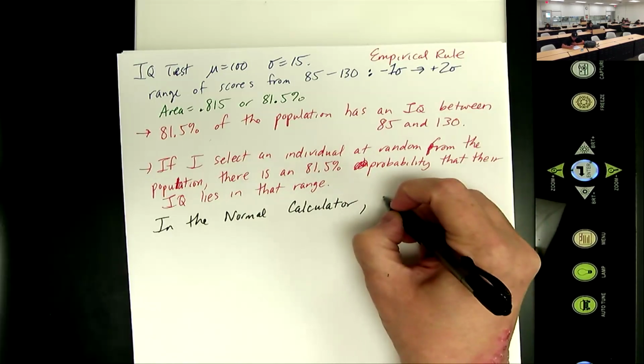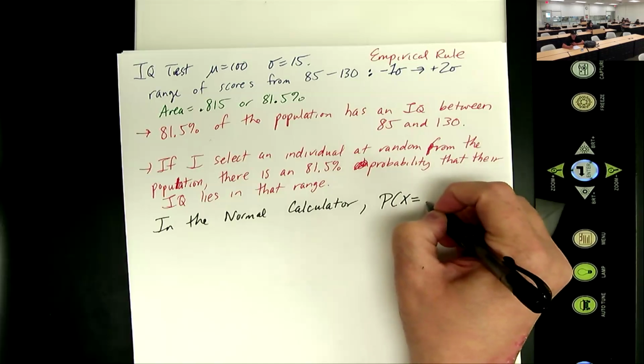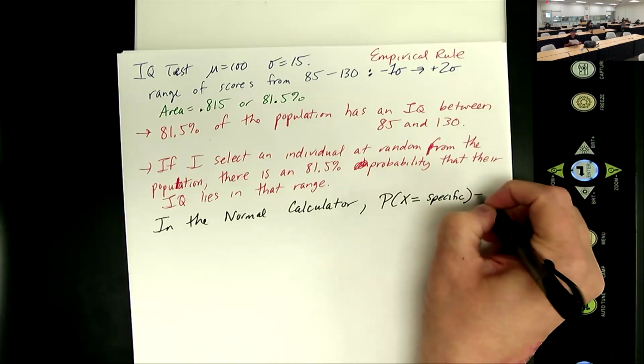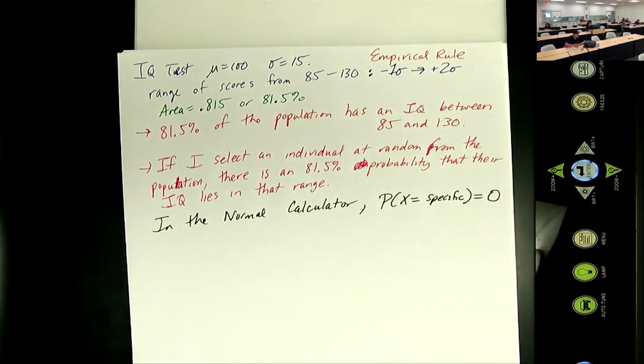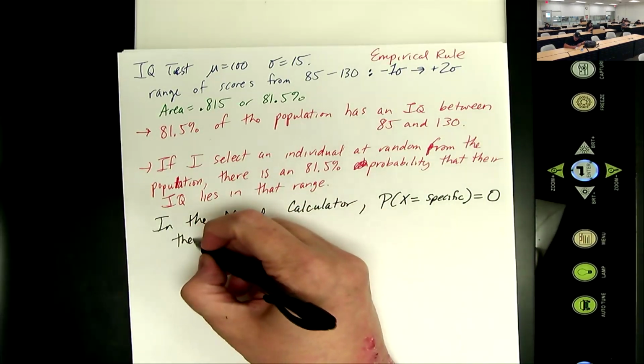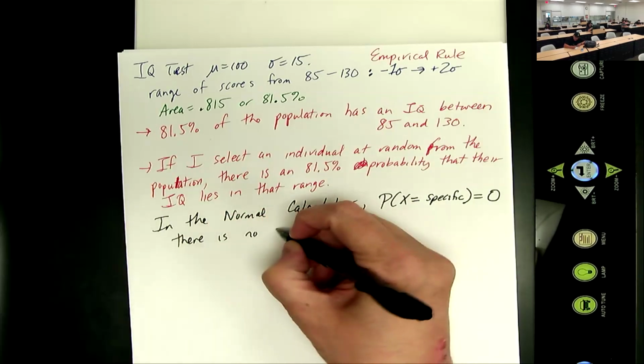The probability that X equals a specific value is 0. On a continuous distribution, you're looking at the area underneath it, and if we don't have an area, like there's no start and stop, we have a rectangle that's a certain height but 0 width. So there is no equal sign on the list.